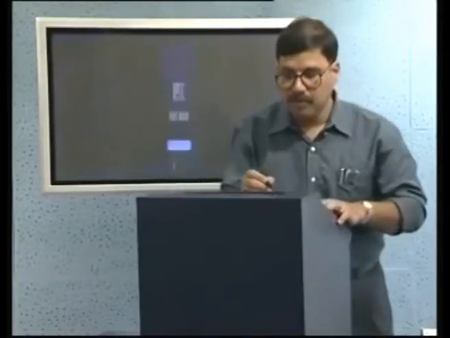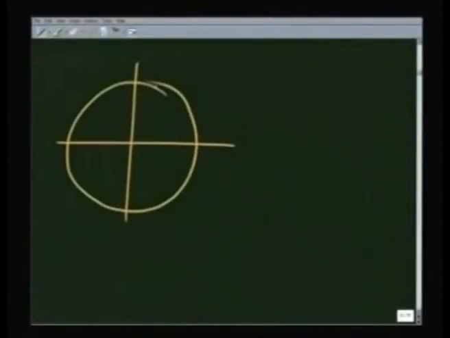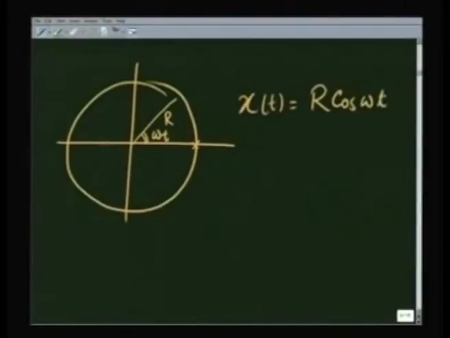For example, if there is a particle moving in a circle, let us say of radius r, with angular velocity omega, so that this angle is omega t if the particle started from here, then its x coordinate with time would be given as r cosine of omega t, and the y coordinate will be given as r sine of omega t. Both are functions of time.